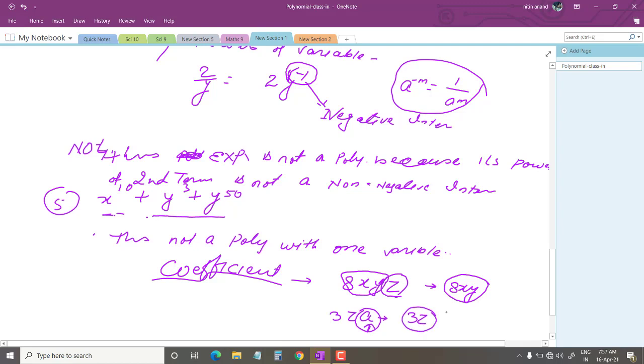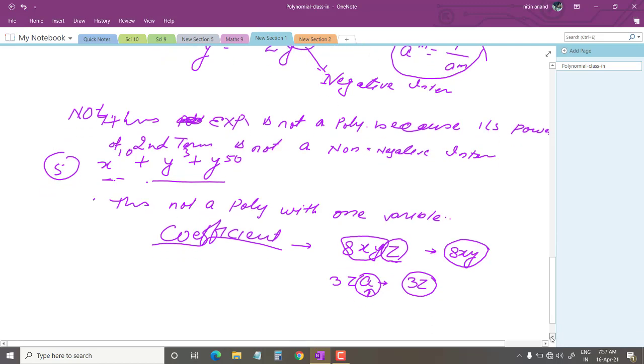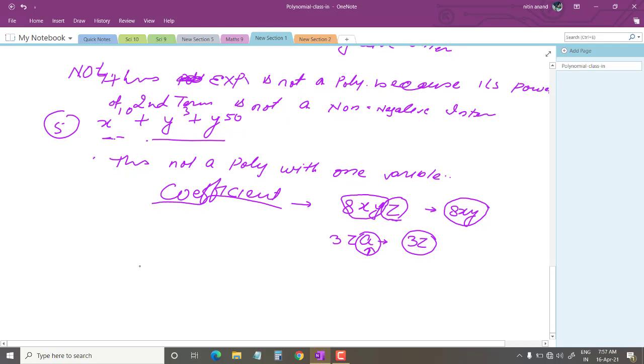Next, suppose we have -3xyz. The question is, what is the coefficient of y for this term? Except y, all elements we have are -3, x and z. So the coefficient of y should be -3xz.